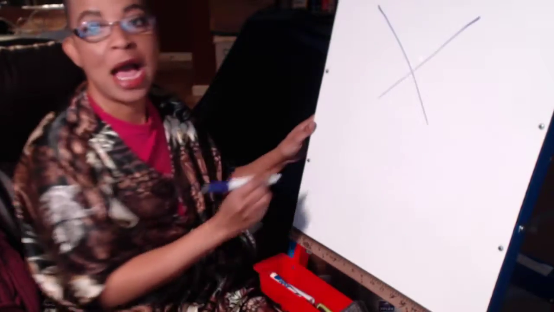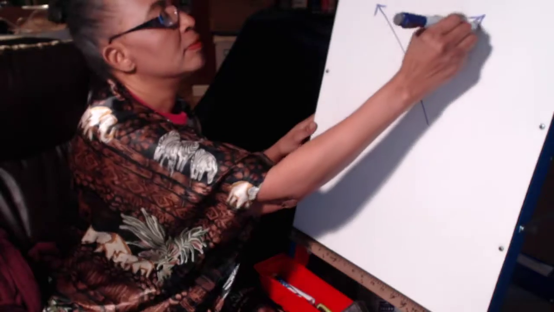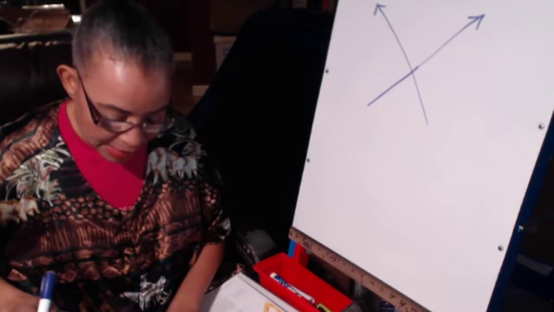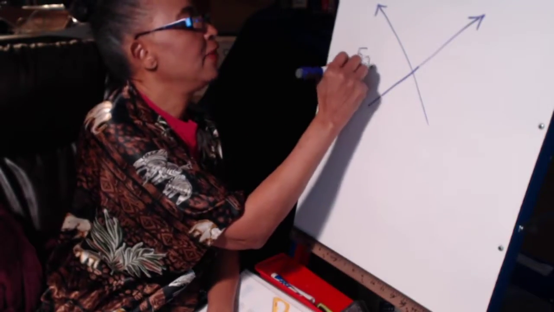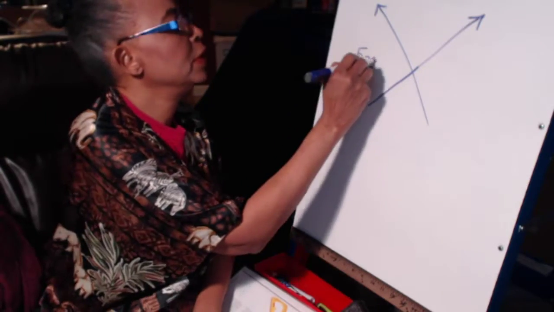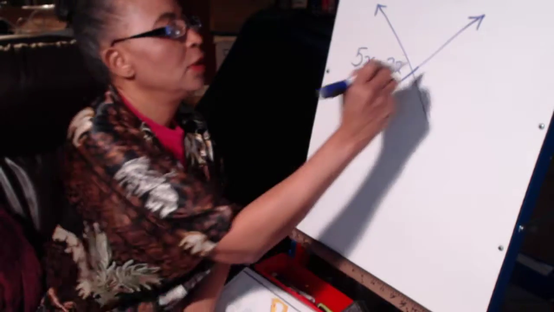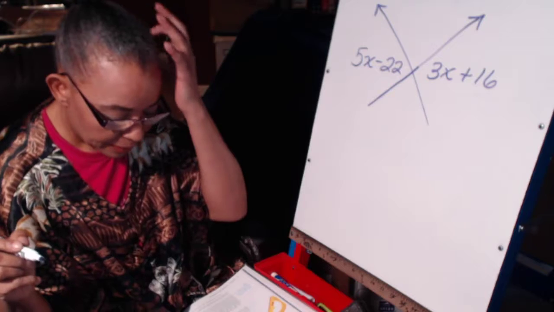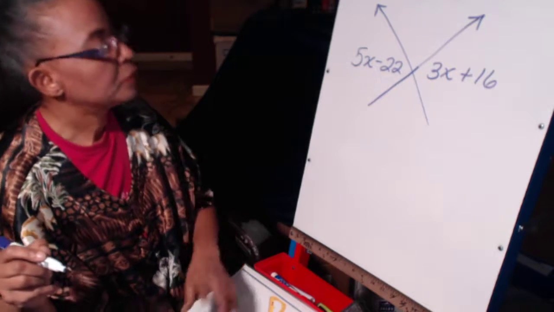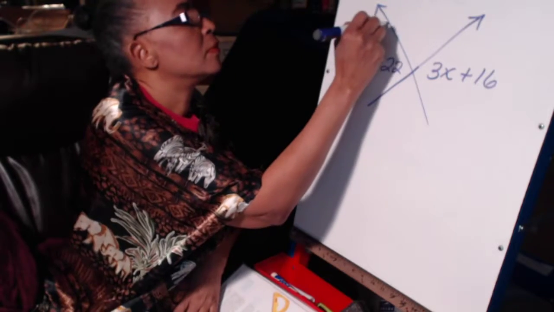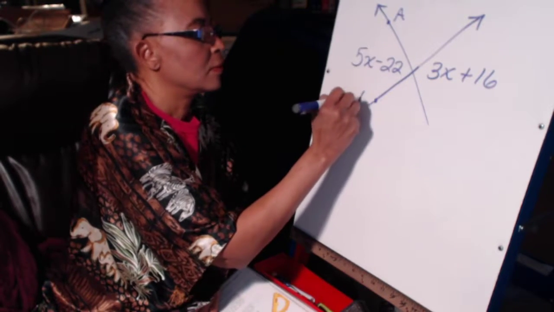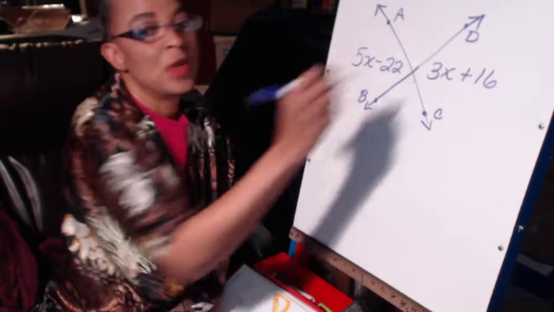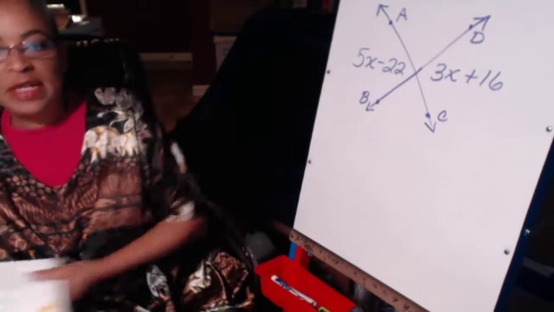Let's say we have our vertical angles. And what they are telling us, if this is 5x minus 22, and this is 3x plus 16, all right, let's say you are just given that information.